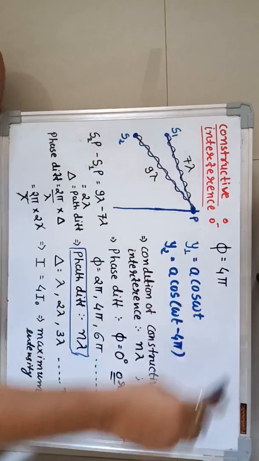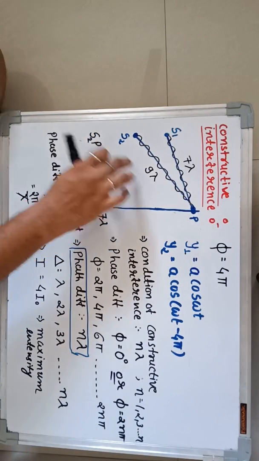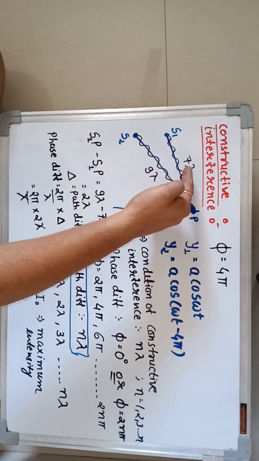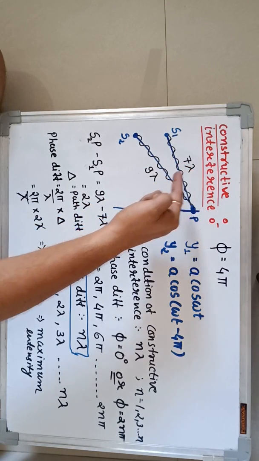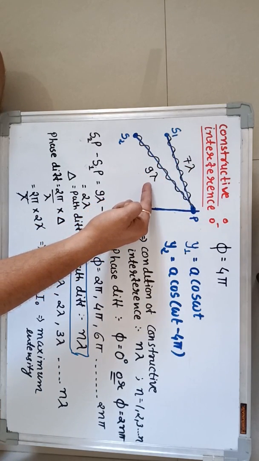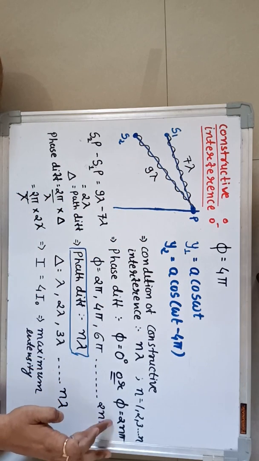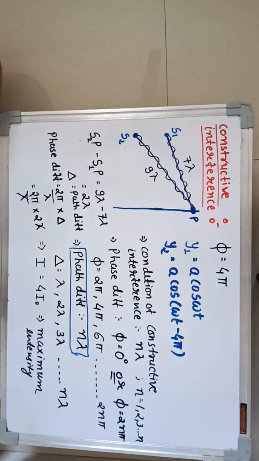So this is constructive interference, and this is the figure. We can take 5 lambda, we can take 7 lambda, but the path difference and phase difference are multiples of 2n pi and n lambda, and this gives us constructive interference. Now we will study about destructive interference.